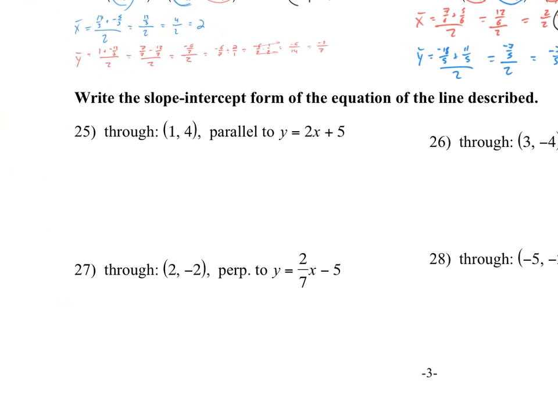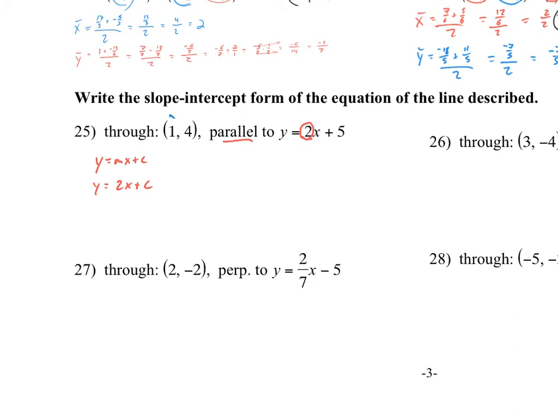Find the slope-intercept form of the equation. Great, no problem. We want to make this look like y equals mx plus c. We want it parallel to this line, so we want to keep the same slope. So y equals 2x plus c.